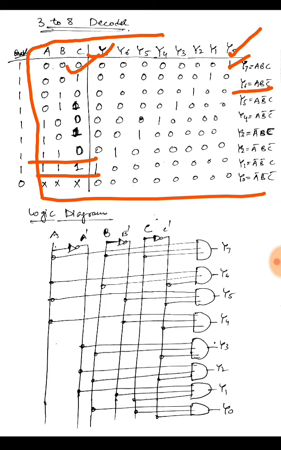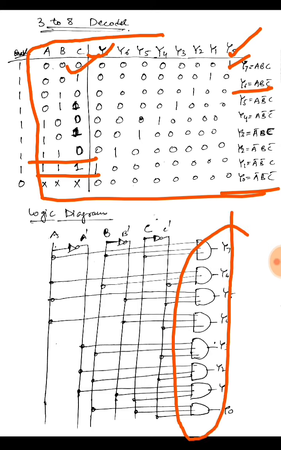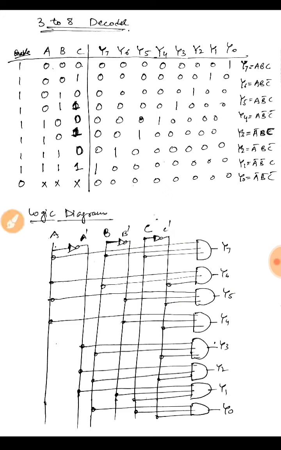Similarly for Y naught it would be A bar B bar C bar. So I can implement this 3 to 8 decoder using 8 AND gates, 3 input AND gates, in which our inputs are A and A bar, B and B bar, C and C bar. So this is how I can implement the 3:8 decoder.